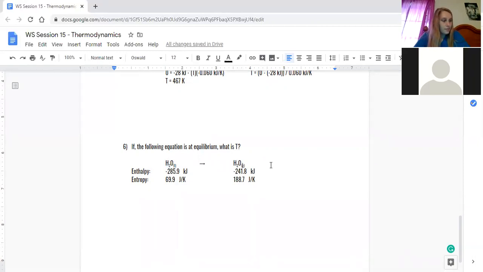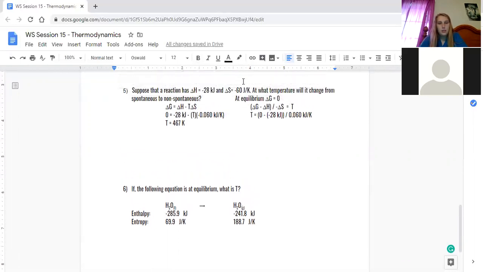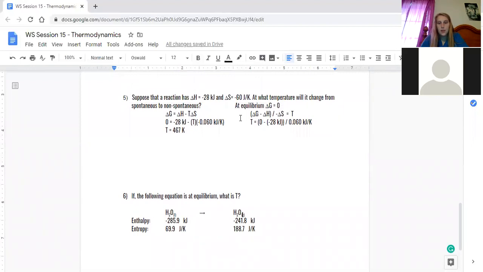So that means that these are our initial values and these are our final values. We're trying to do the same thing we did here, except we don't know our delta H and delta S values. We have to find them ourselves.